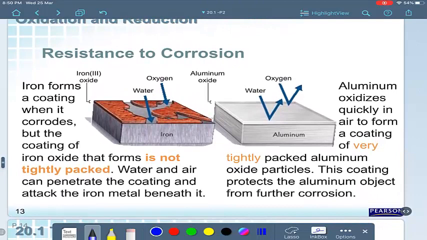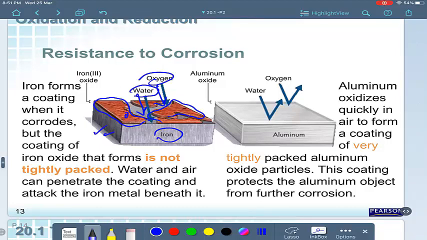Look at this first. If you have iron here, this is iron. But look, the layer here is easily penetrated by oxygen and water. Why?